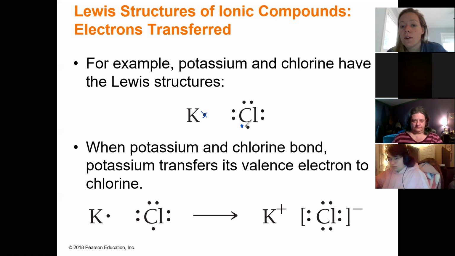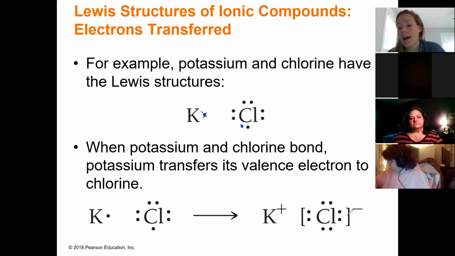We transferred it over, but there's a change that happens to the charge when we move the electron. When I get rid of this electron, we have to add a plus charge. When I add the electron, I have to put the thing in brackets and give it a minus charge. You don't bracket the metal, you bracket the nonmetal, because you want to encompass all the dots. They don't draw the dots from the previous set on the metal.